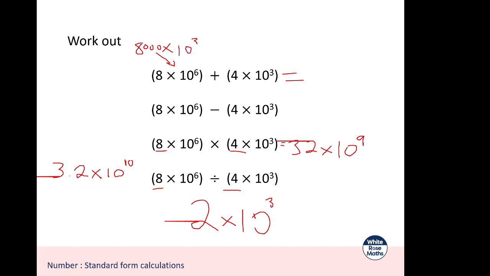If I'm adding and it's the same power, I can just add the numbers, so I get 8,004 times 10 cubed, which is 8.004 times 10 to the power of 6. Does that make sense, guys?